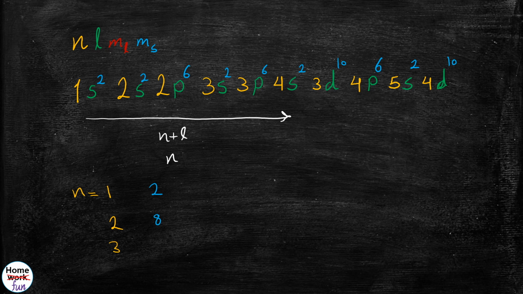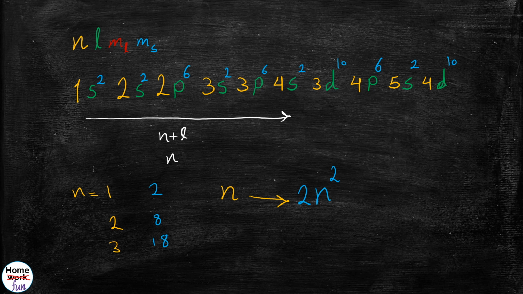So 3s2, 3p6, and then 3d10. So that's 2 plus 6 plus 10, 18. So there is a pattern there. If you consider level n, for a given level, the total number of electrons is given by this formula, 2n squared. That gives you the total number of electrons in a single level.